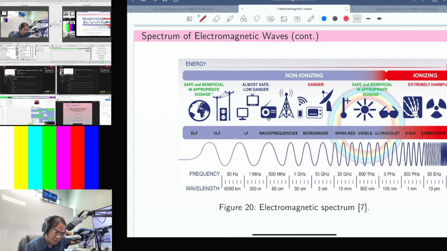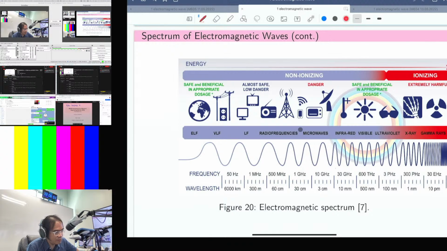Humans use this band for radio transmission, for wireless communication, and it starts to be a little bit dangerous if you stay in that place for a very long period.